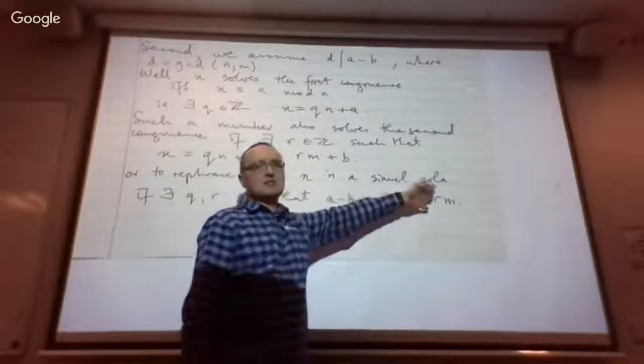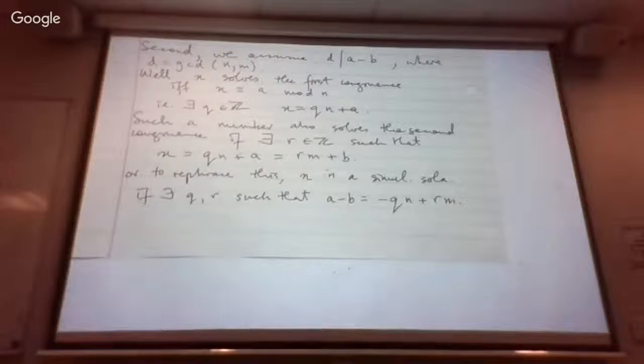So in other words, a minus b is a linear combination of the two of them. And we want to know that such a linear combination exists.